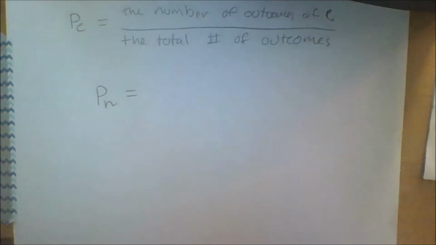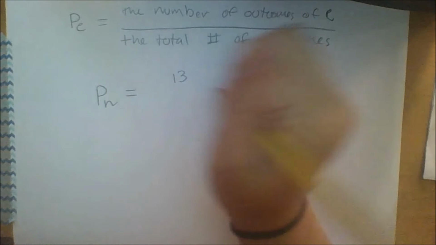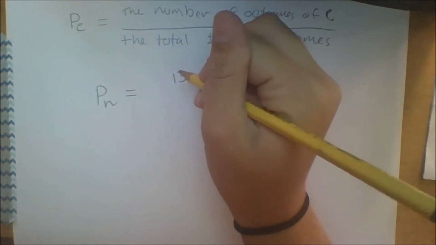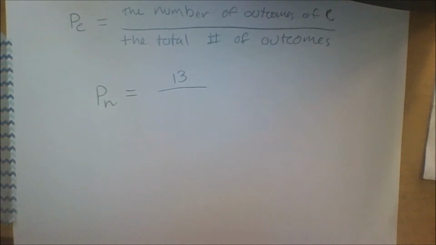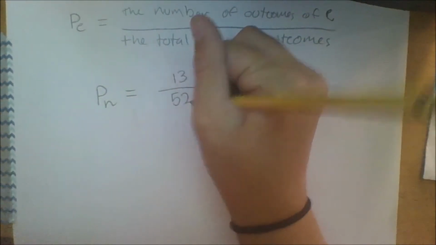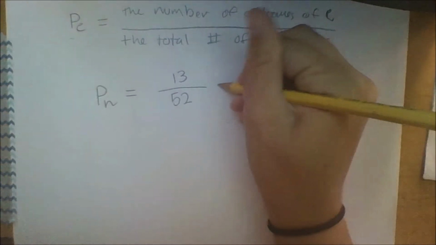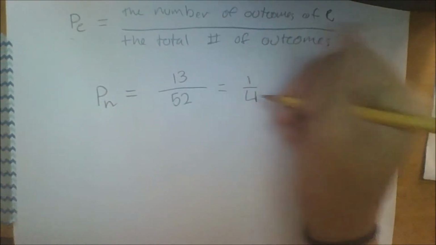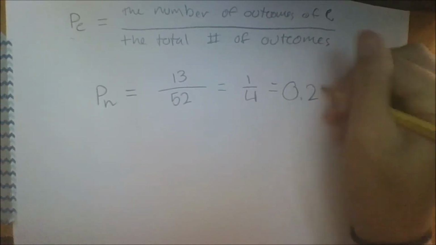It's equal to, there are 13 heart cards in a deck of cards, so 13, that's the 10 number cards plus the face cards, over the total in a deck of cards, there's 52 cards. So the probability of hearts, or probability of event, is equal to 13 over 52, or 1 over 4, or in decimal 0.25.